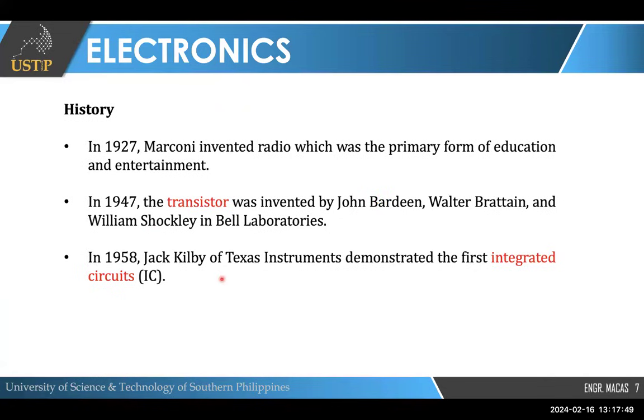Then in 1958, Jack Kilby of Texas Instruments demonstrated the first integrated circuits. Muna na nga ang imuhang IC nga consist of, from the word integrated circuit ba, isa na siya ka-chip, pero daghan kay siya circuit inside. Okay?